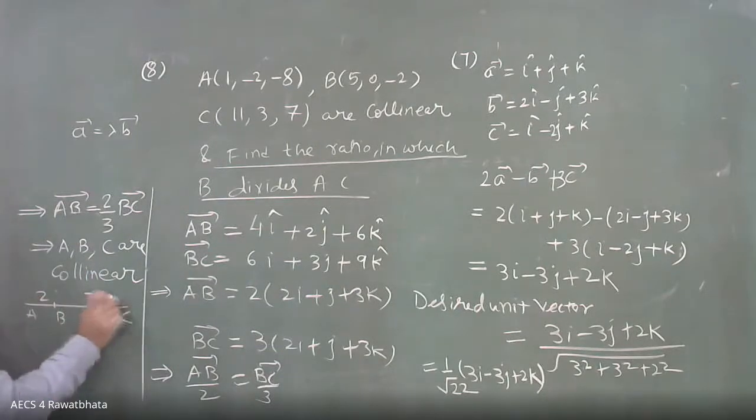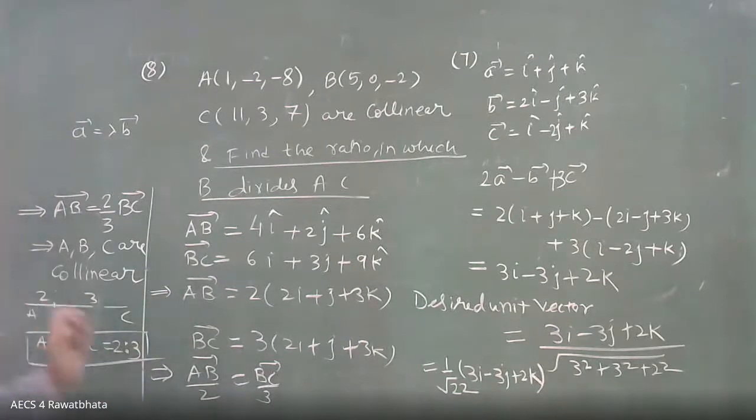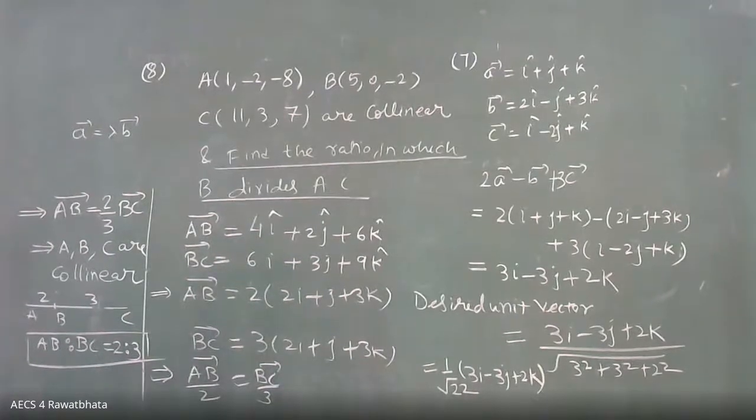So AB to BC will be 2:3. You can check this answer. Is this right? And you can write in words that B divides AC in the ratio 2:3.